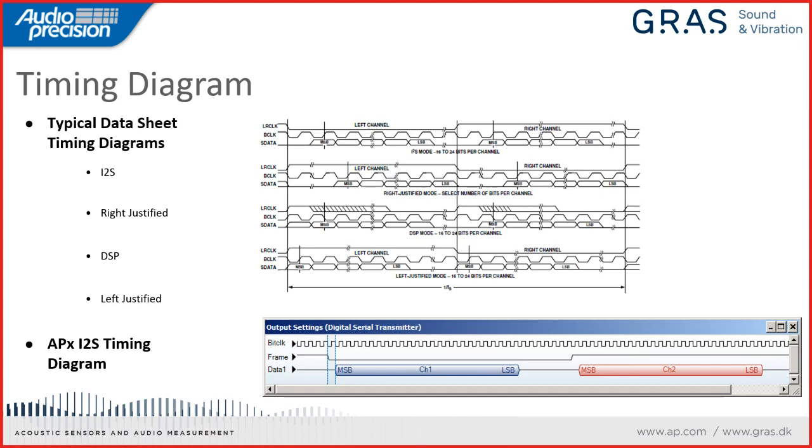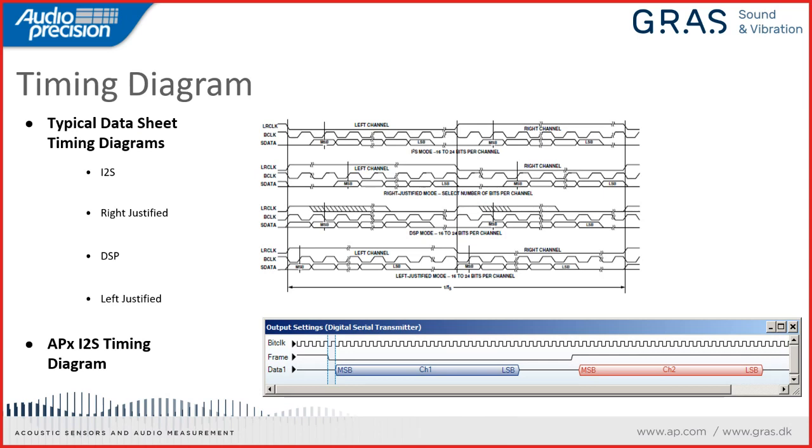Now, not everybody uses the bit clock terminology, but in one way, shape, or form, there'll be a bit clock. The one which is the next most ambiguous is here at AP, we call it a frame clock. The next most common term you'll see is a left-right clock, or LR clock, in the displayed timing diagram. And then there is the blocks of data themselves.